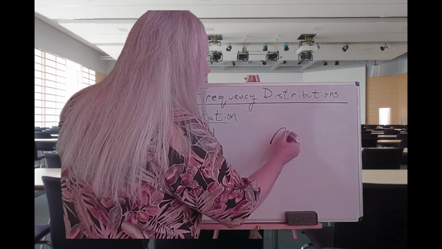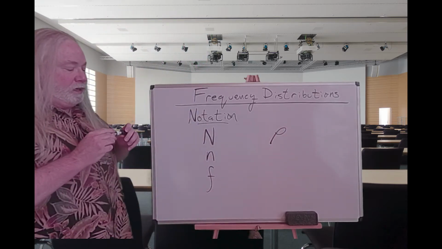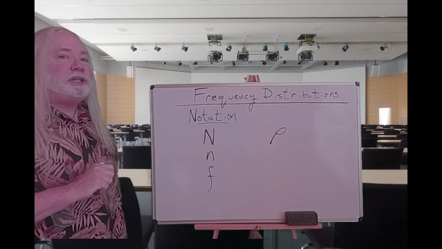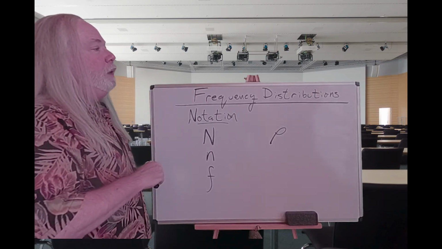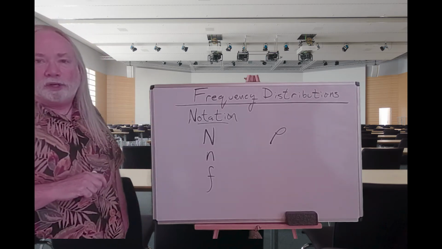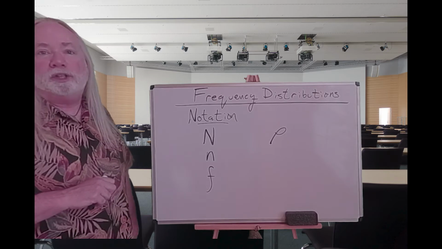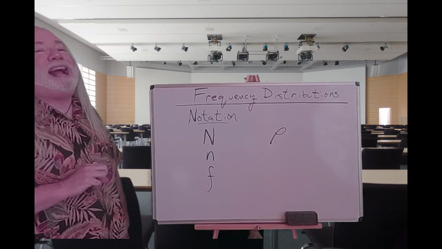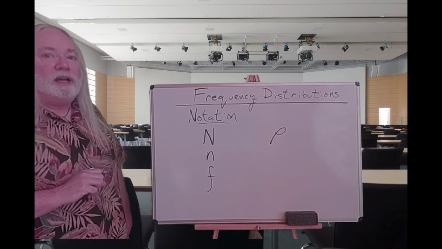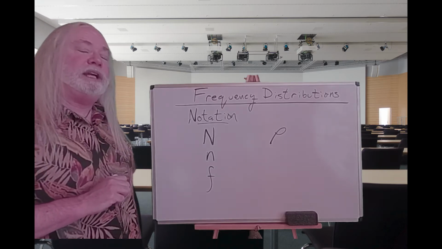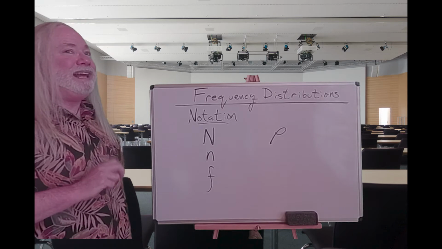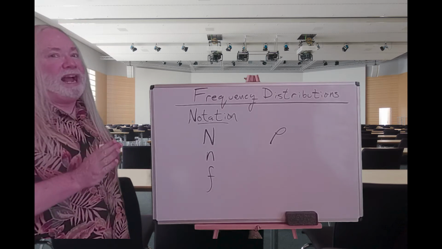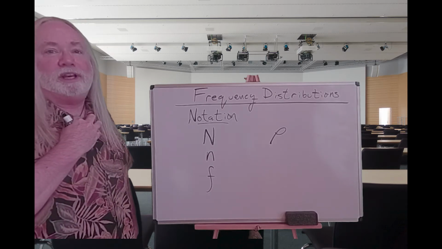Two other symbols that we'll end up using today. One is a lowercase p. The meaning on that will shift a little bit way down the road, but right now it means proportion. P stands for proportion. So a proportion is telling us the total fraction of the data associated with a particular score. Now that is the text definition, basically, fraction, but of course we're not dealing in fractions, we're dealing in decimals.